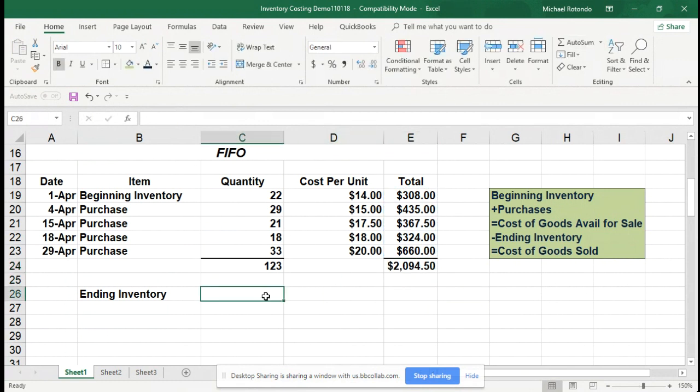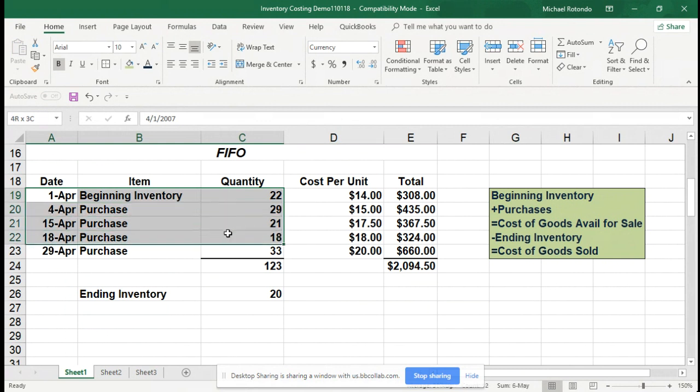Now, we already said that we only sold 103, which means 20 have to be in ending inventory. The question is, which 20? Well, if it's FIFO, it's first in, first out. It means that we must have sold the first ones we had, the beginning inventory and the purchases through April 18th. So the 20 in ending inventory have to be part of the April 29th purchase.